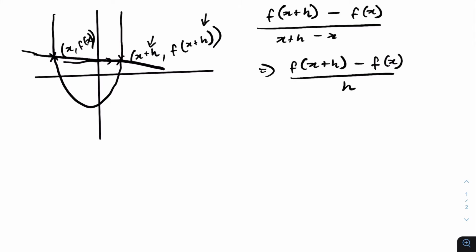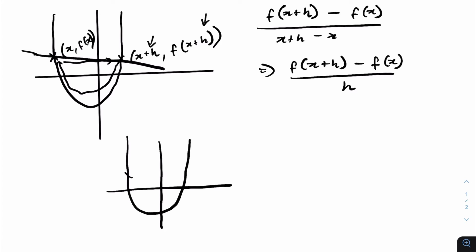Okay, so now let's think about how this is applicable to differentiation. We could drag this point down so it's closer and closer to the original point, until, let me draw it magnified, the point is so close that it's actually right at that point.